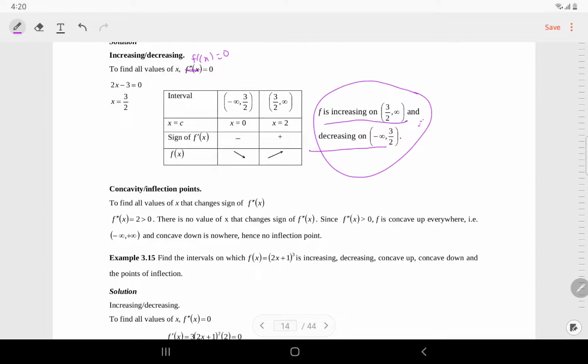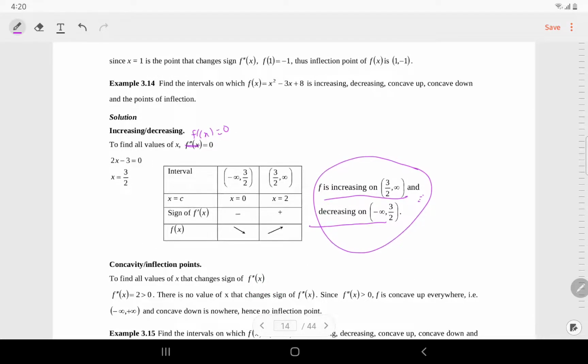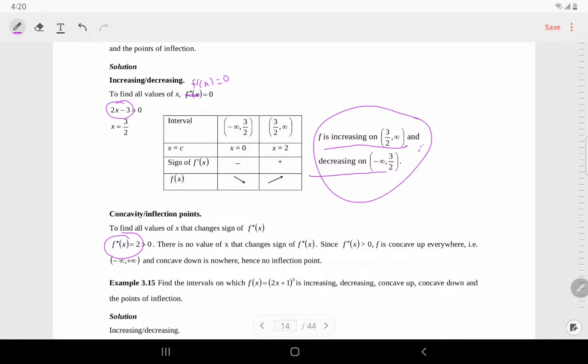Okay, to find the concavity, kita kena cari f double prime x. Okay, f double prime x meaning that we need to differentiate lagi sekali yang this function. Okay, yang ni f prime. Kalau f double prime differentiate lagi sekali, kita akan dapat 2. So, kita tak ada unknown x kat situ.